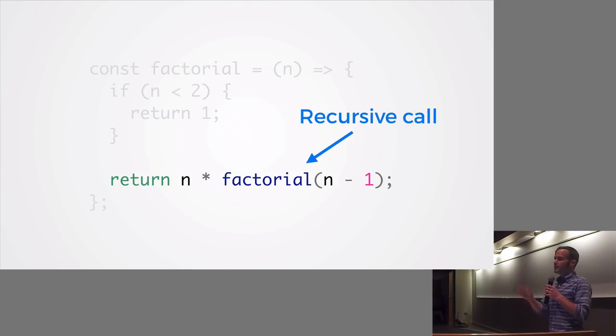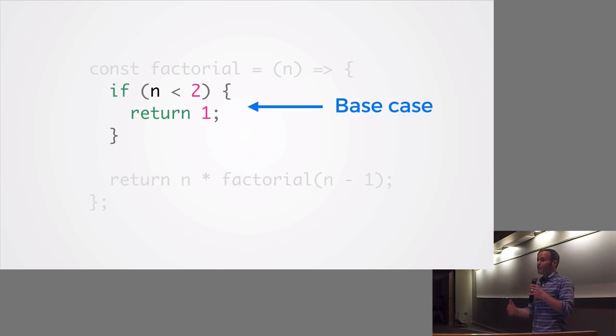So it's essentially going to keep calling this recursive function over and over, doing the n minus 1, n minus 2, and etc. But eventually we need to stop, or we're going to get an infinite loop, and that's where we have what's called a base case in recursive functions. In this particular instance, we know we're going to stop at 1, so we're going to check whenever n is less than 2, go ahead and return 1. And that'll allow the answer to start bubbling back up and give us the final answer to the original call.